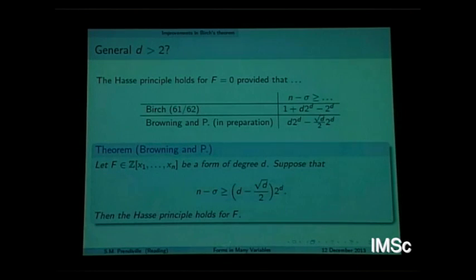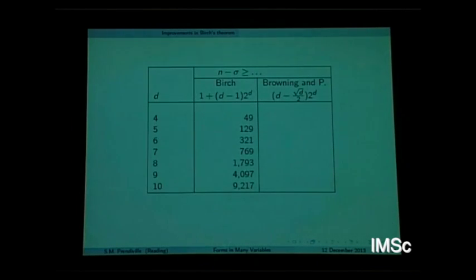Yeah, so just to state it again in concrete terms, if you've got a form of degree d, its singular locus has dimension sigma, provided n minus sigma is at least this function of d, then the Hasse principle holds. So to be even more concrete, let's look at some numbers.